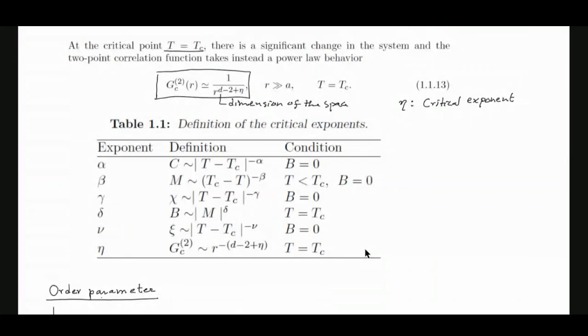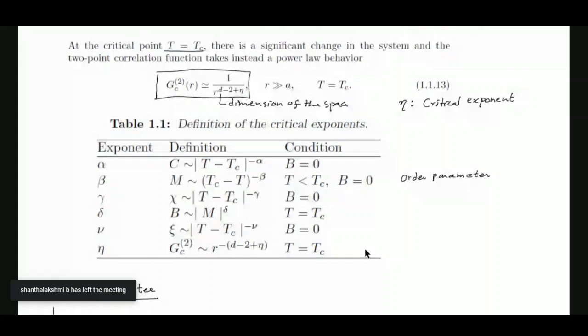For example, let's say you have a magnetization. So look at this exponent. In general, this is called the order parameter exponent. In this example of magnetic phase transition, our order parameter is magnetization.